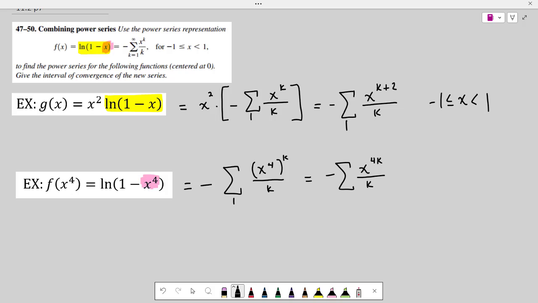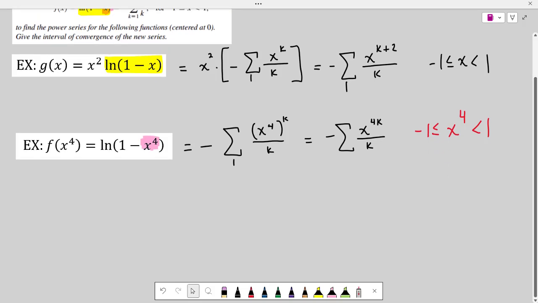So here's where we have to be careful. This is going to get at your question, Gage. We replace x with x to the 4th in this interval right there, and then solve that. Here is my approach for solving these. That's, I think, pretty simple. X to the 4th is never negative.